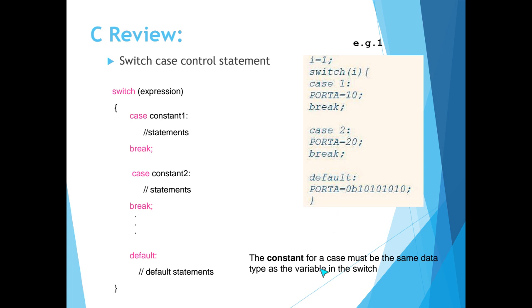The constant for a case, as you see here, should be the same data type as the variable in the switch. As you see here, the variable in the switch, which is initialized at the first, is an integer number. Then the case constant should be equal with that.